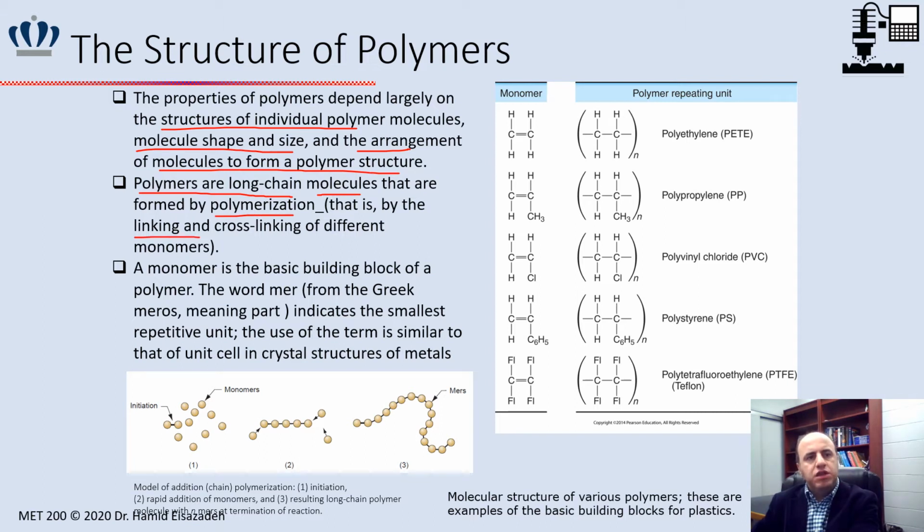It can be linking, cross-linking of different monomers. As you see, we have the monomer here, and the polymer of each monomer. For instance, this is the monomer of ethylene, and this shows polyethylene. Many of these monomers are connected together to form this polymer.